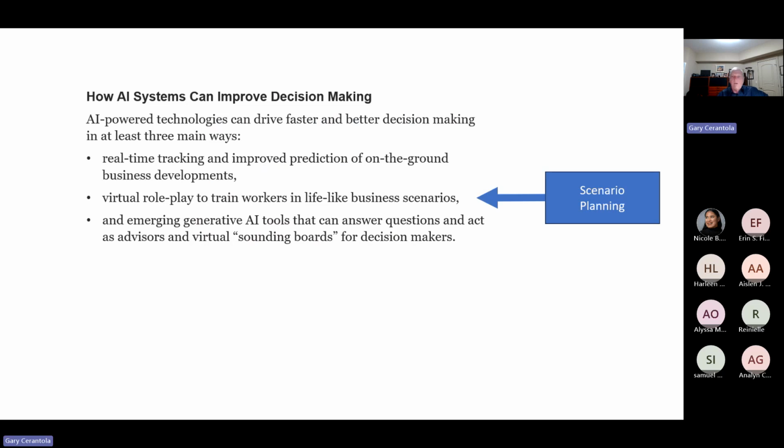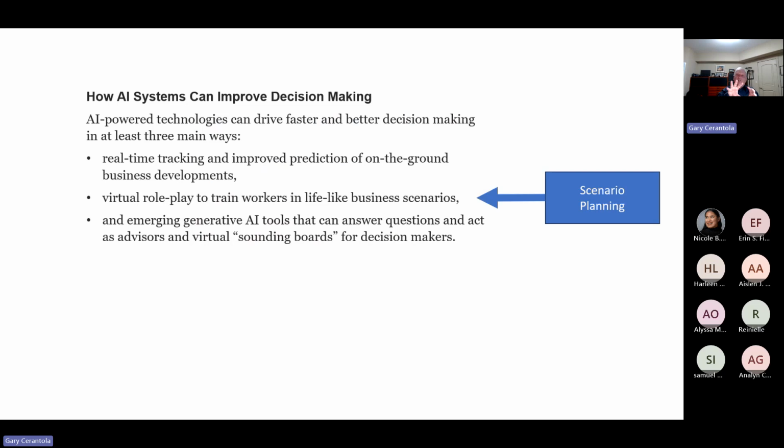Okay, great. Thanks. So, how artificial intelligence systems can improve decision making. Again, I've had an extensive background in corporate planning, and I did a fair amount of scenario planning. What scenario planning is, it's about really looking at three plausible outcomes that you could shoot for under certain conditions.